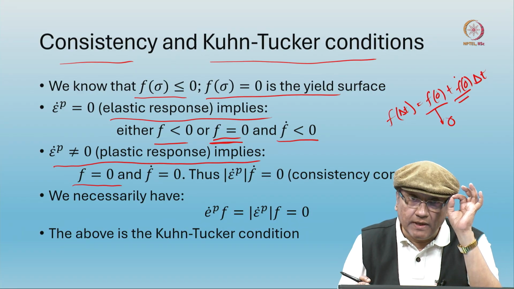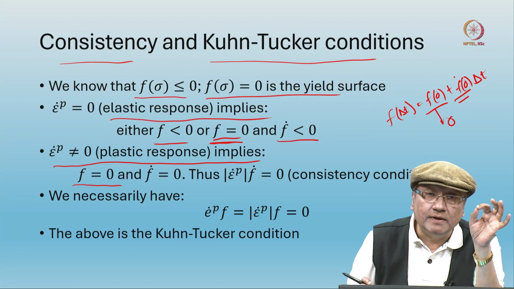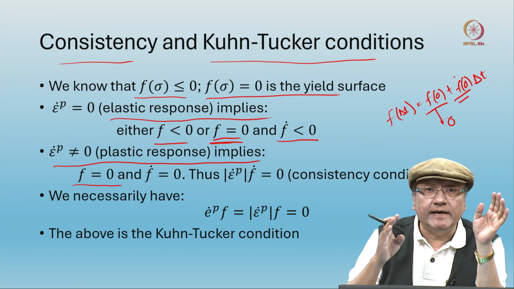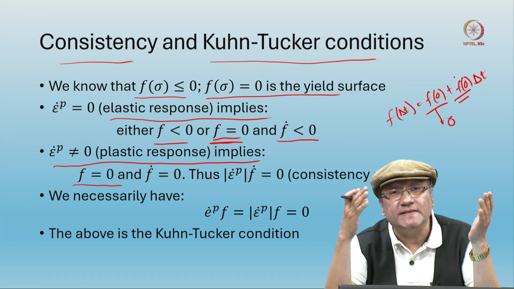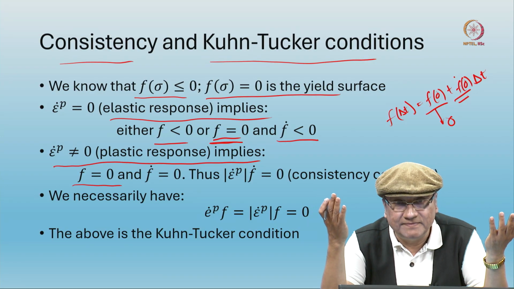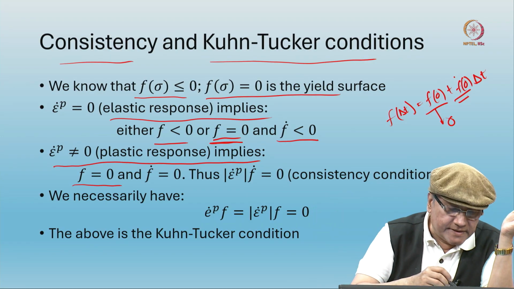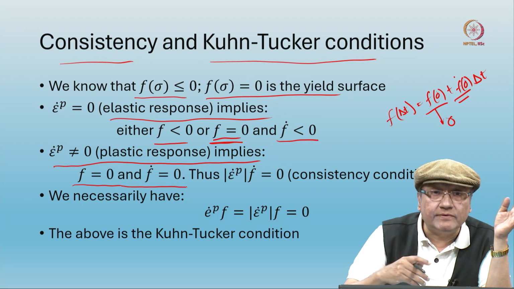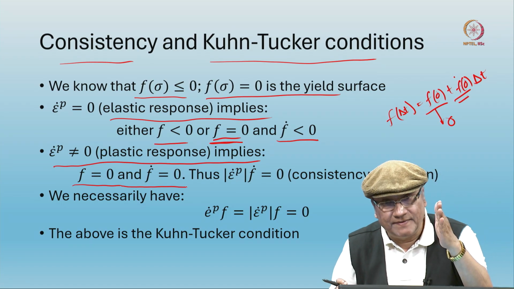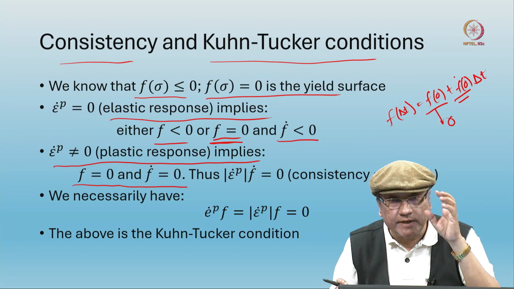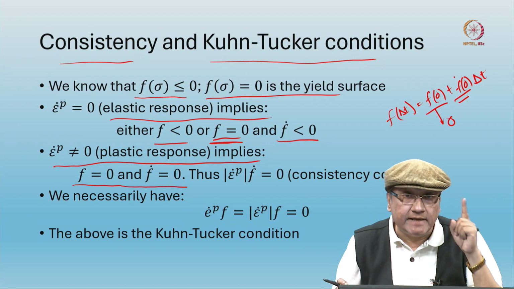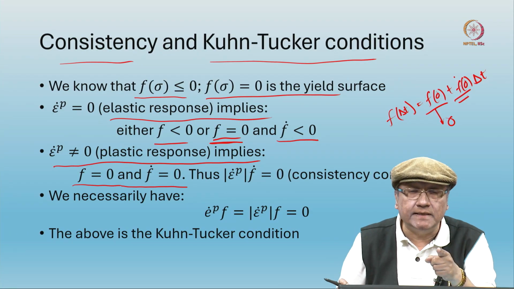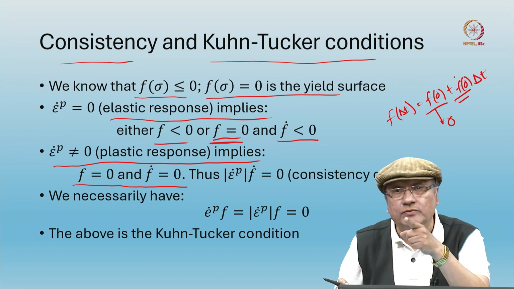That means not only will f be equal to 0, but incrementally f must continue to be 0, that means f dot has to be equal to 0, you see. So, the requirement for the plastic response to occur, the plastic driving to take effect, is that f equal to 0 simultaneously alongside f dot equal to 0.